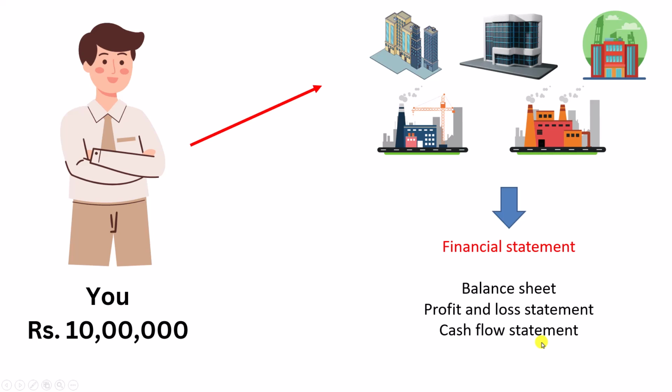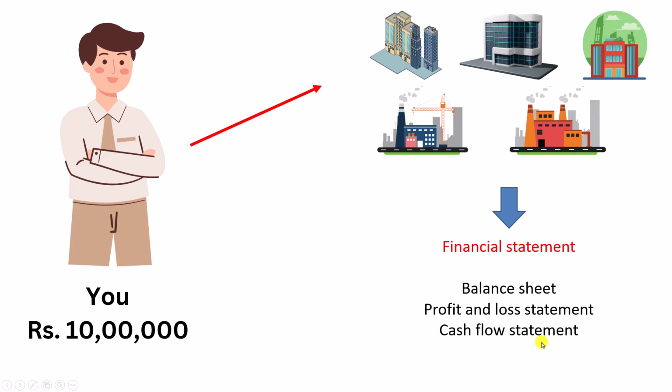It also tells you whether the wealth of the company has increased or decreased or remained unchanged over the years. Next is the profit and loss statement. It tells you whether the company is running in profit or loss. It also tells you whether the profits have increased or decreased or remained unchanged over the years.